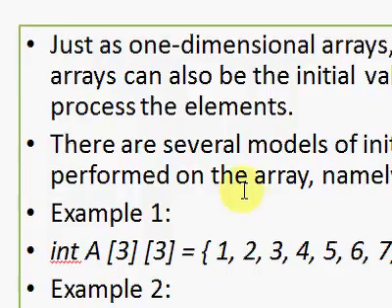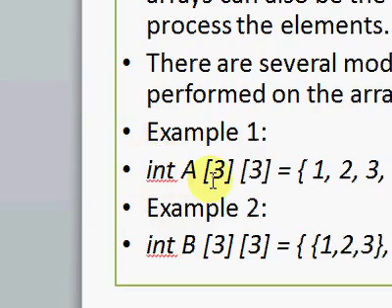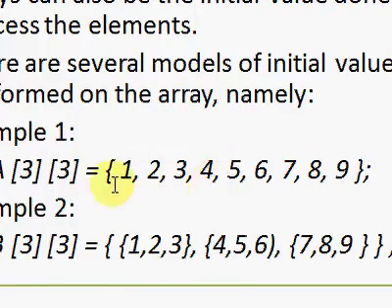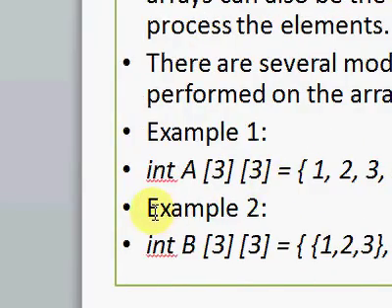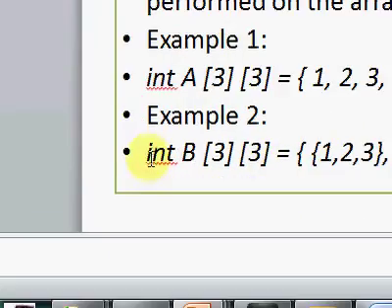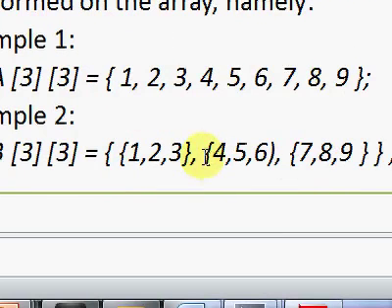Namely, example 1, in A, the row of A equals 3 and the column equals 3. And example 2, like that. I'm sorry.